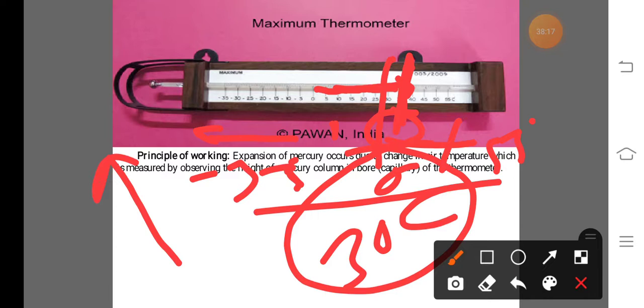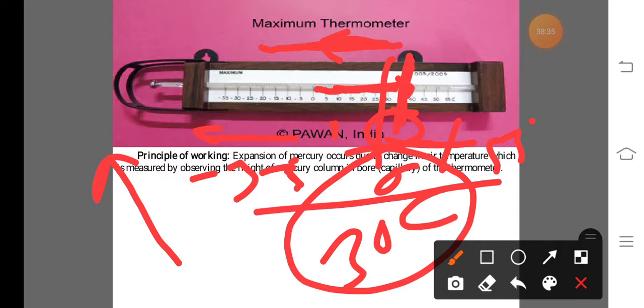And after, when the temperature decreases, at that time the mercury in the thermometer reverses in position. That means it goes back towards the minus reading if temperature decreases.